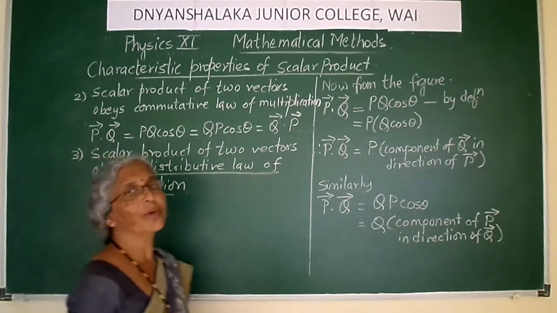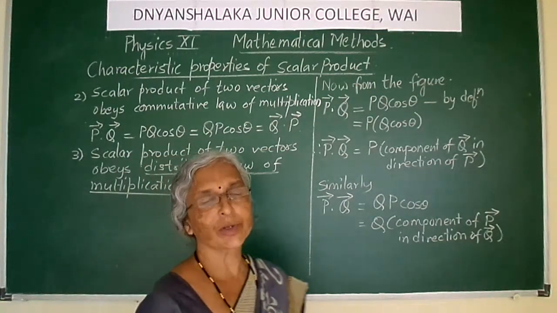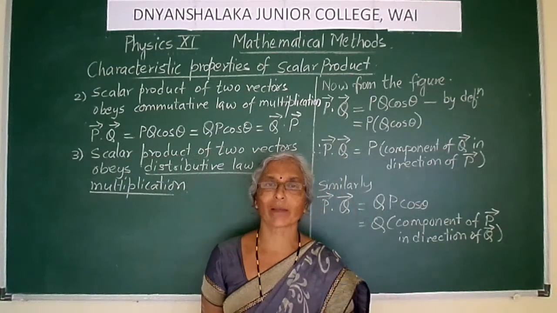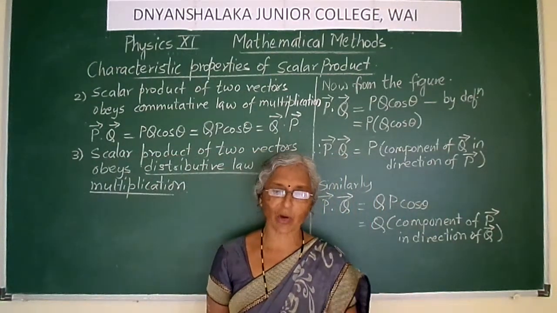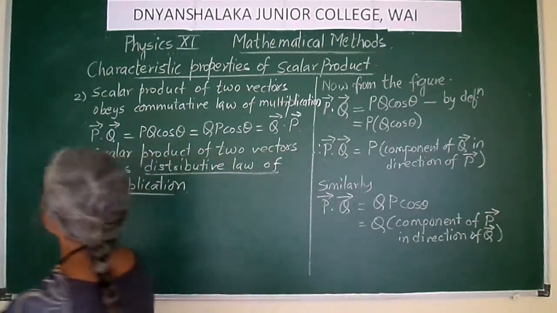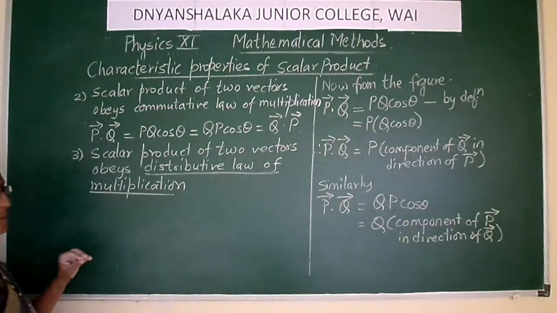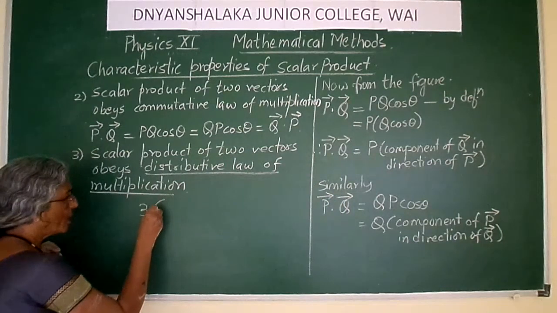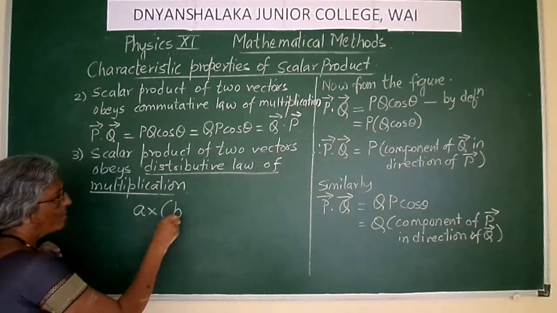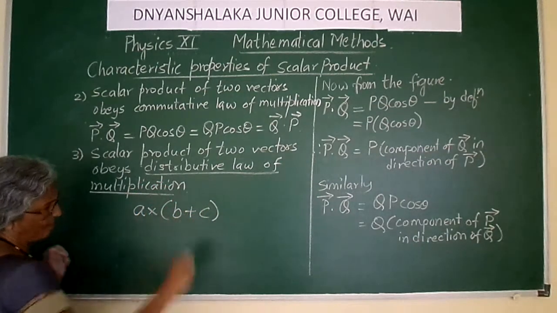What is distributive law of multiplication, student? Distributive law means we can distribute multiplication over addition or over subtraction, isn't it? Say for example, we will take an algebraic example over here. I will take here a multiplied by b plus c.